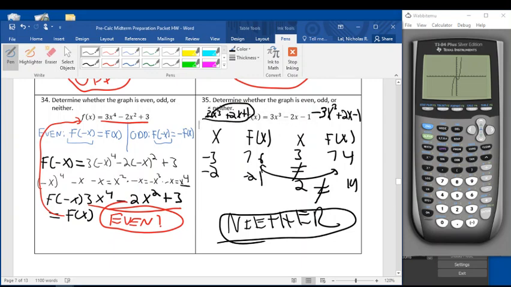So that would be negative f of x. This would be f of negative x. So it'd be different.